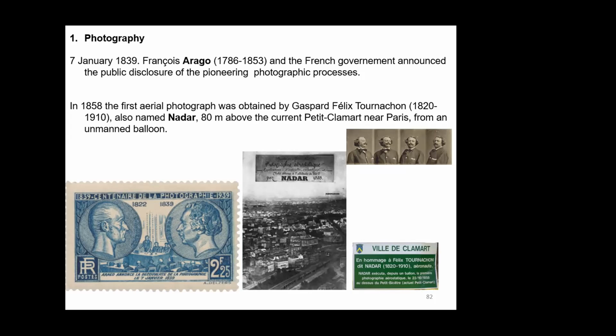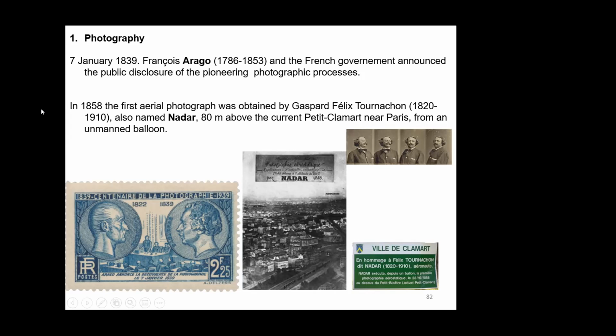He announced in 1839 the public disclosure of the pioneering photographic processes. This is important to know. It is a stamp commemorating the first century of the opening of the process, not the invention, but the opening of the process.